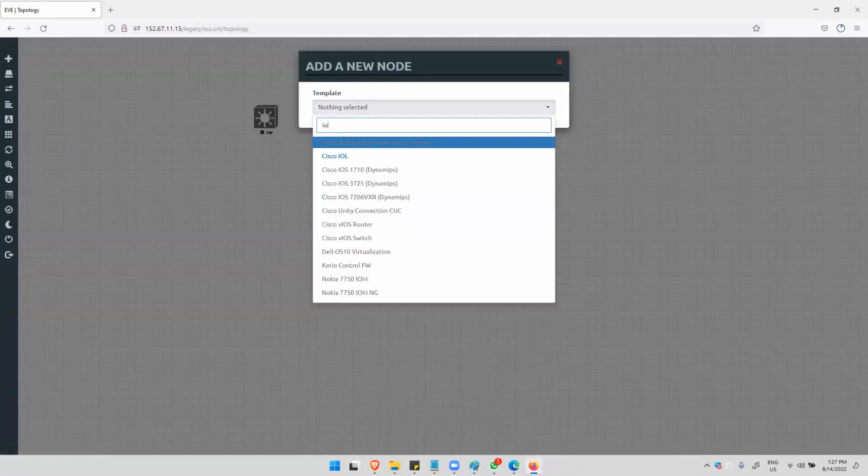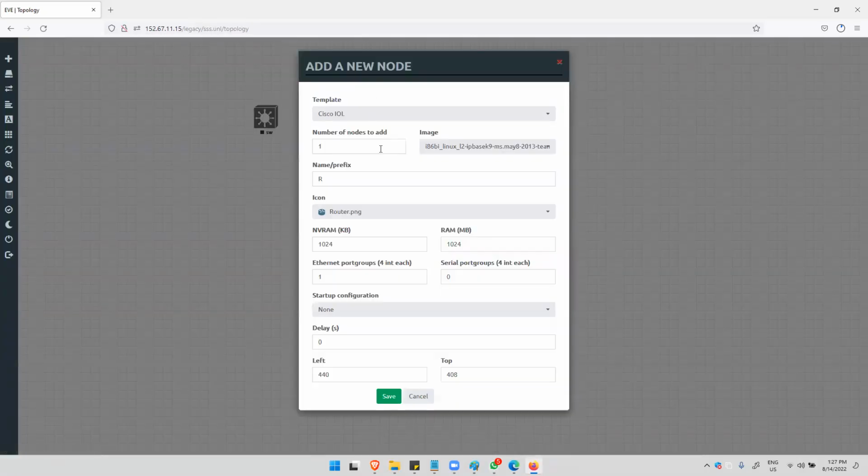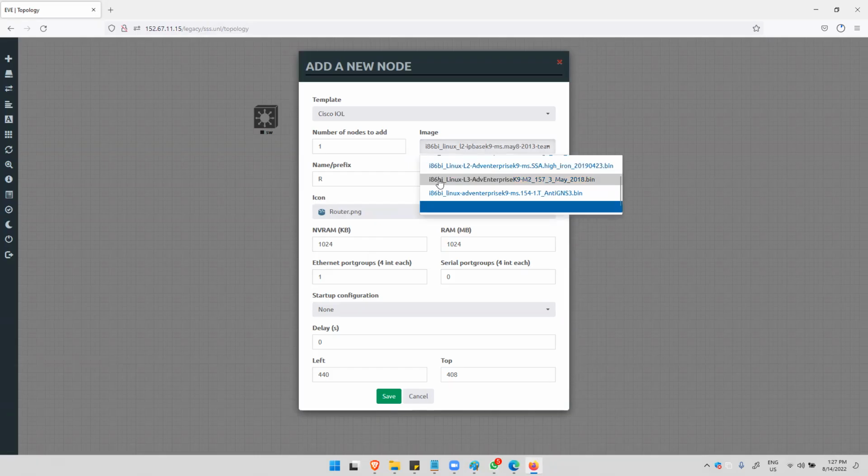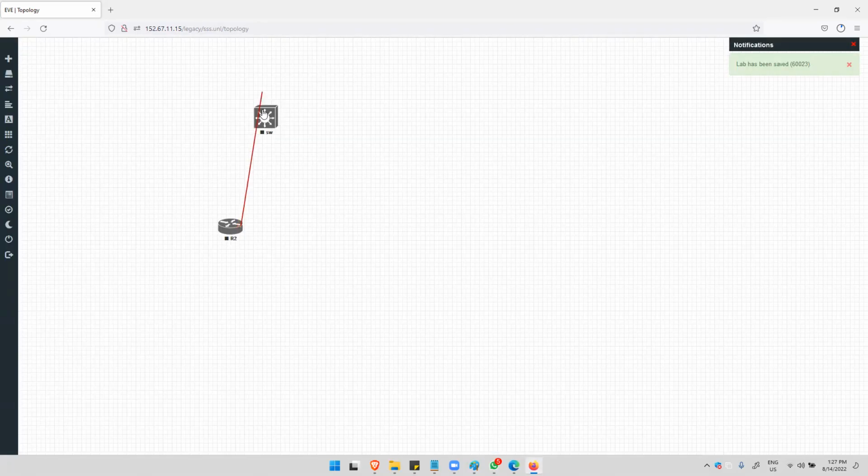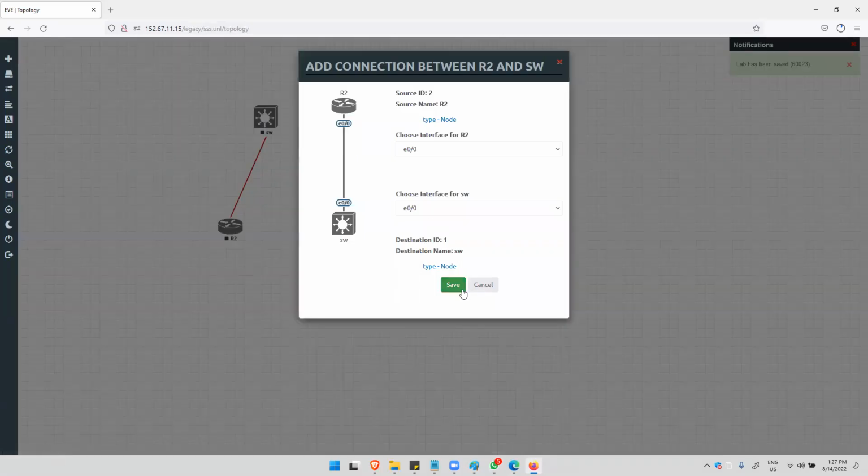If I'm using a router, clear? IOL, L3 C. Connect this one. Which interface are we getting right now? Ethernet. Yes or no?